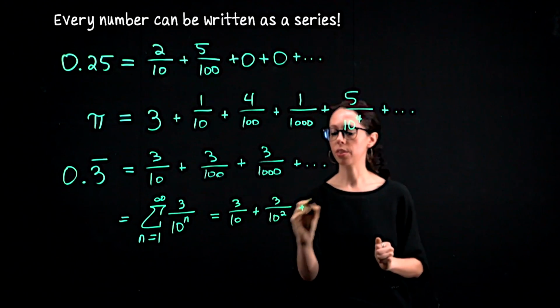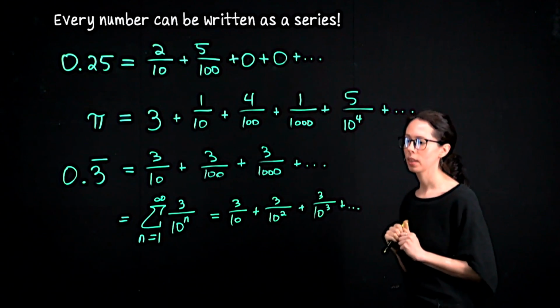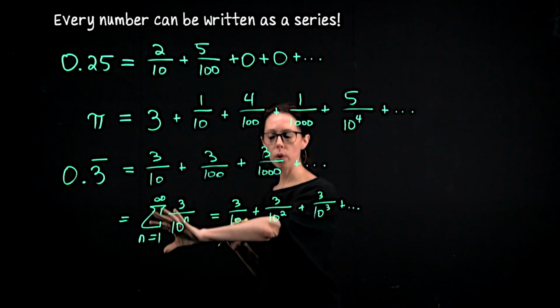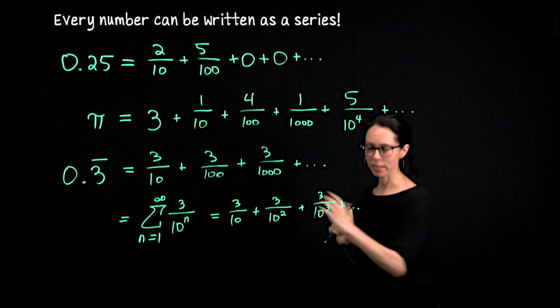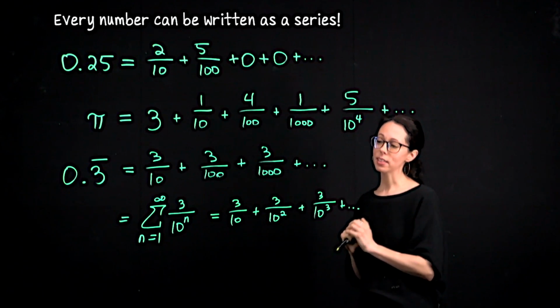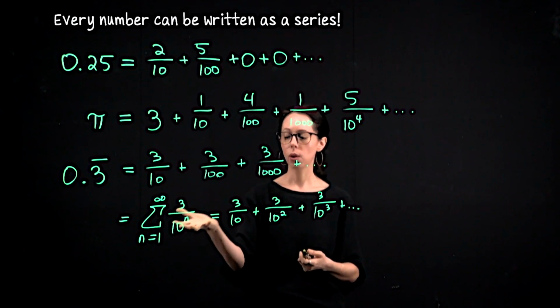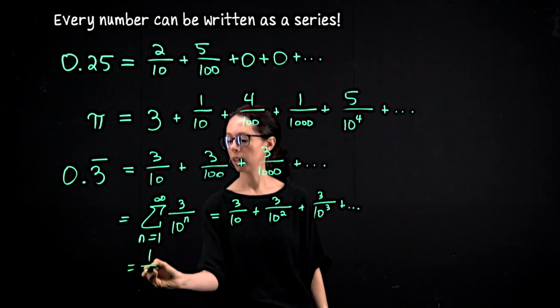Then we'd be looking at 3 over 10 cubed, etc. So indeed, this condensed form represents this infinite series all in one nice, concise notation. This is also an example where we can look at this and tell you what it adds up to. It adds up to 0.3 repeating, but let me give it another expression, 1/3.